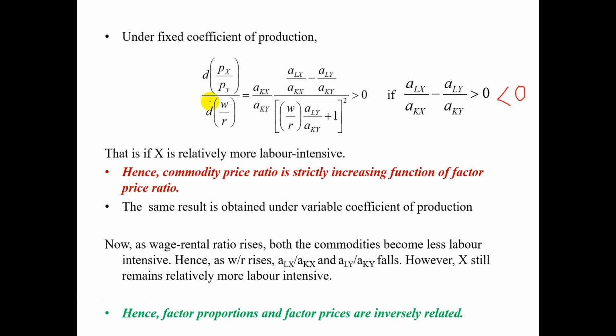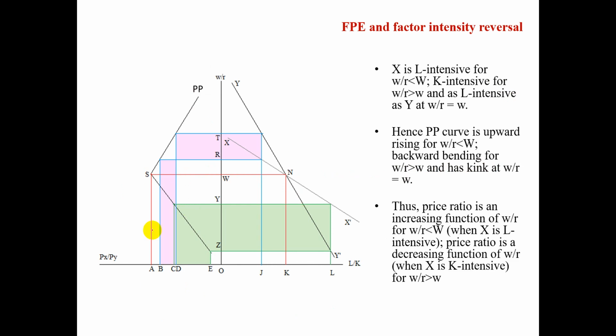So therefore, there will be a negative relationship between Px by Py and W by R. So we are using that understanding here. What we have pointed out here is that this W is the critical wage rental ratio.